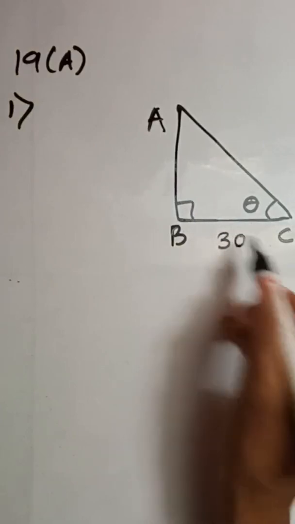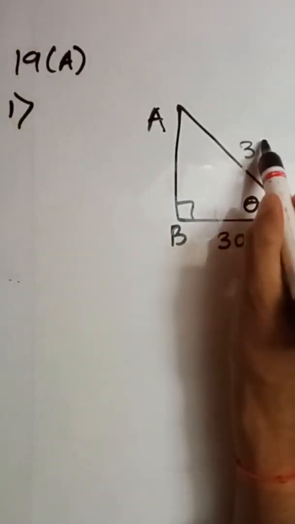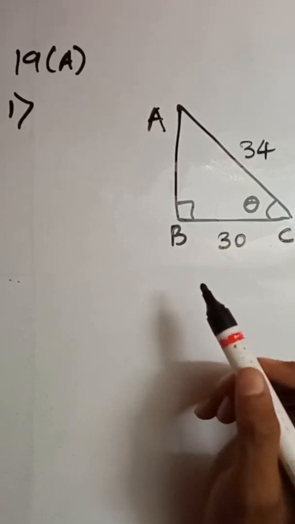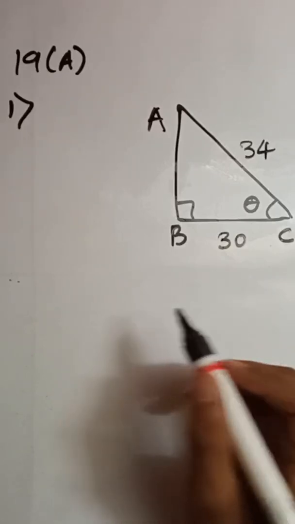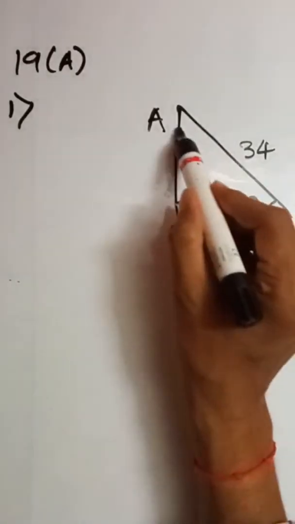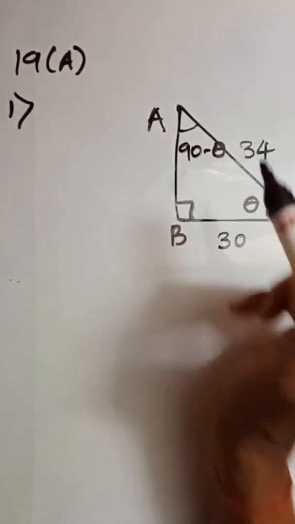This side here is 30. This is 40, 34. Now we have to find sin theta, cos theta, tan theta, and tan 90 minus theta. So you know that if this is 90, this is theta, then this angle will be 90 minus theta.